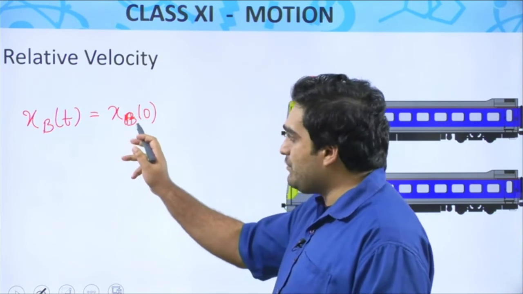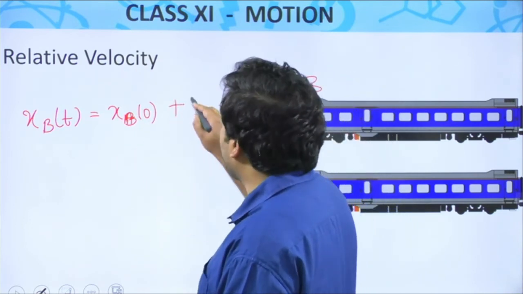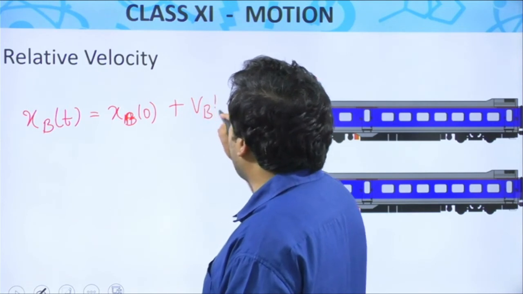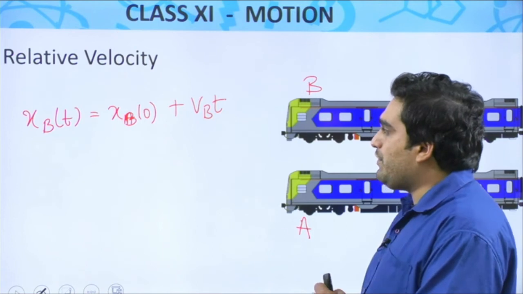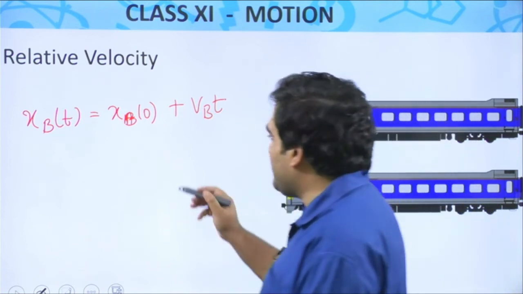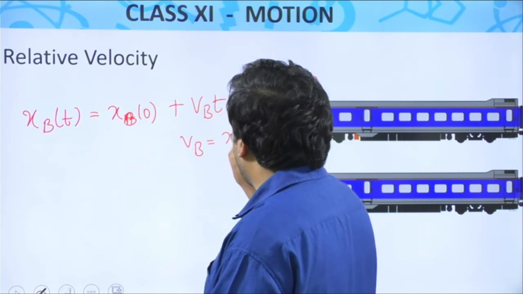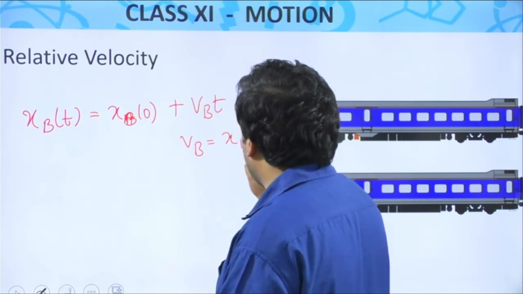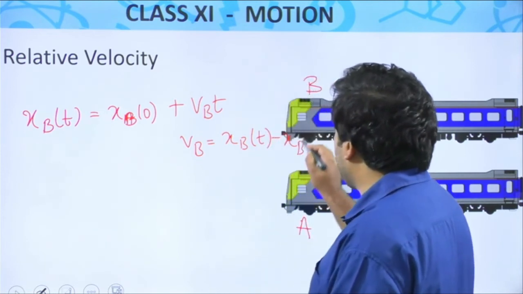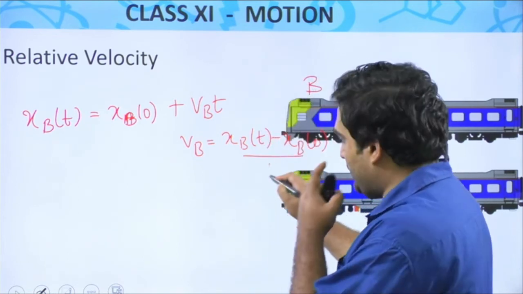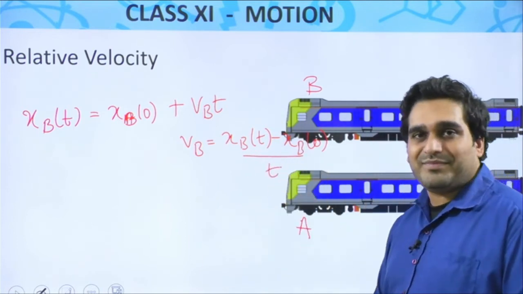the position of train B at time t equals 0 plus velocity of train B times the time. For those of you who are finding it difficult, it's a very simple idea: vB equals xB(t) minus xB naught divided by t. Change in position divided by time.